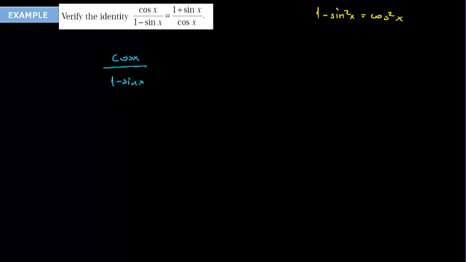And the second one: a square minus b squared is equal to a minus b times a plus b.